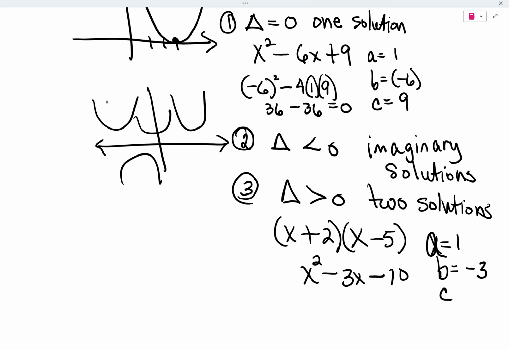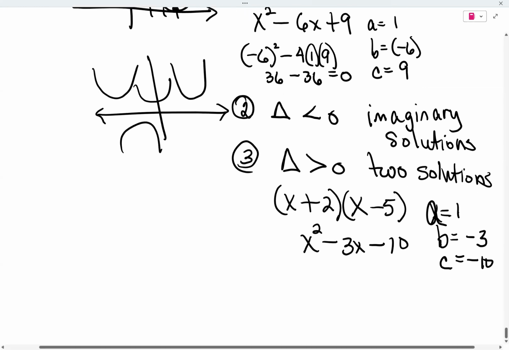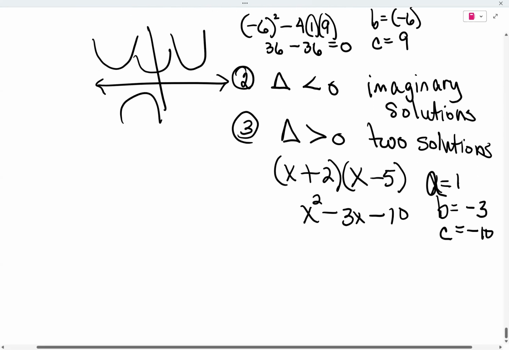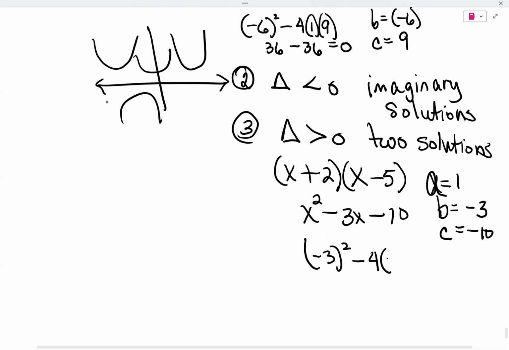And my c term is equal to negative 10. Okay, if that is true, then b squared, negative 3 squared, minus 4 times 1 times negative 10, gives me 9 plus 40, that gives me a lovely number, 49.